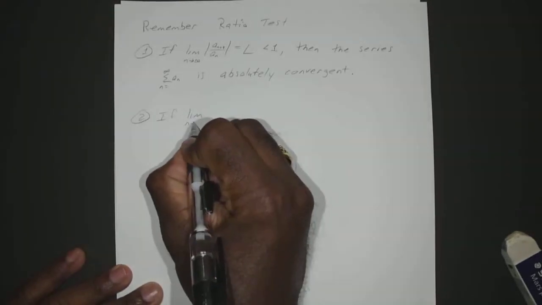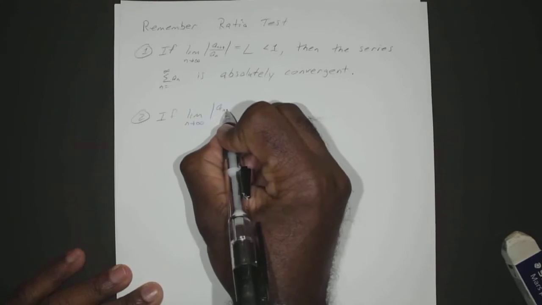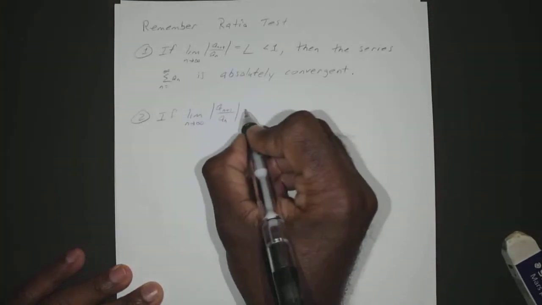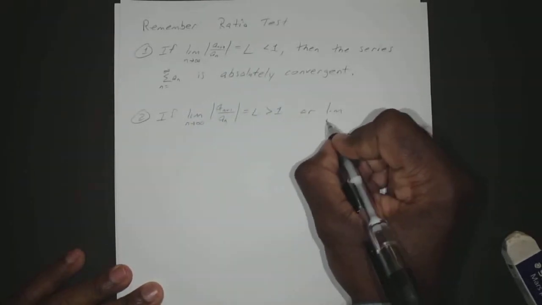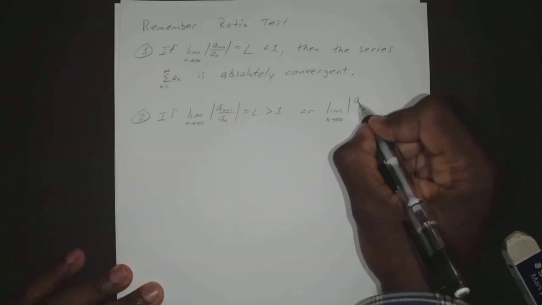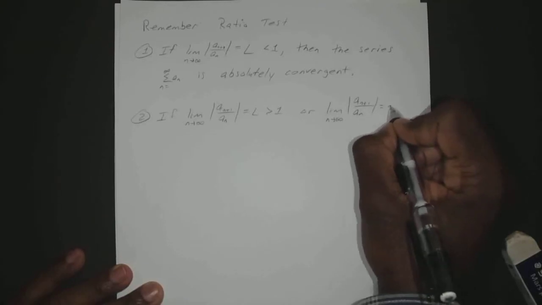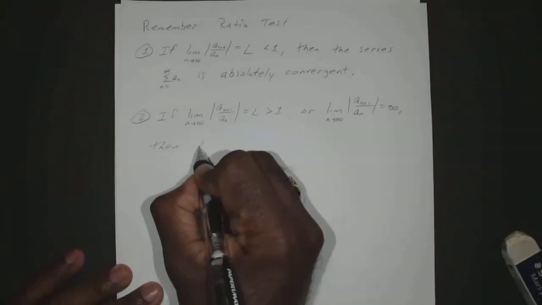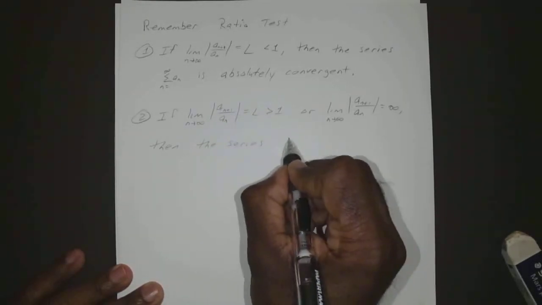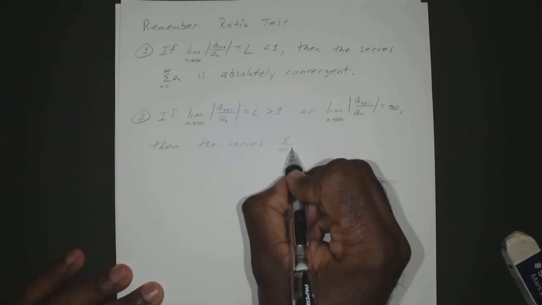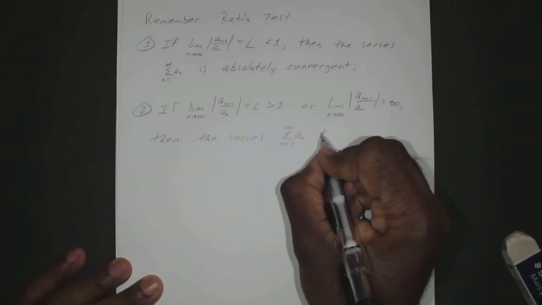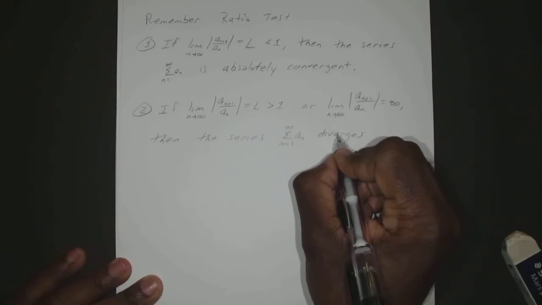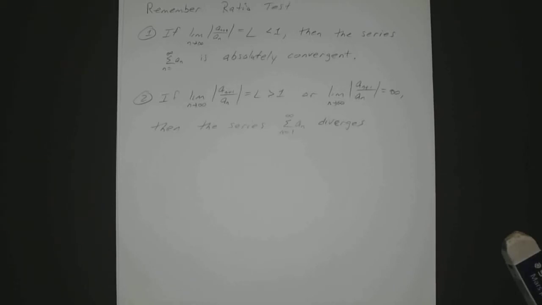So if the limit as n approaches infinity of the absolute value of a sub n plus 1 over a sub n equals L, and it's greater than 1, or that limit equals infinity, then the series, you can go from n equals 0 or n equals 1, that part really is not that important, the sum of a sub n diverges. And if it's equal to 1, then it's inconclusive, and you have to use another test.